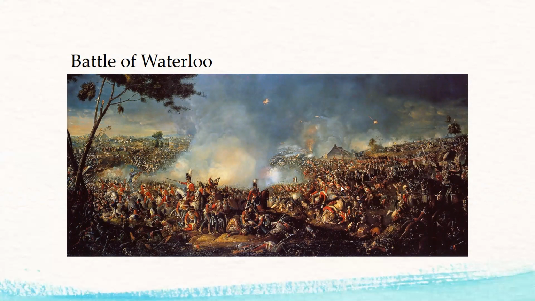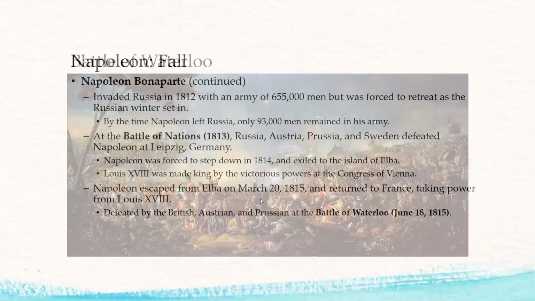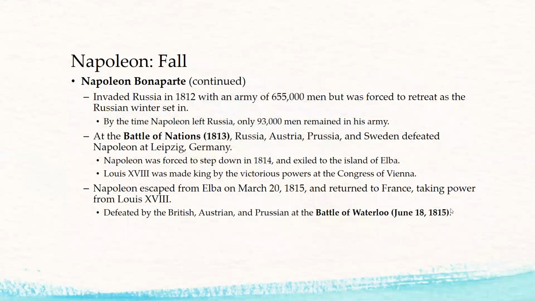The reason they weren't fighting Napoleon before this, they were just funding people fighting him. The British had most of their soldiers in Spain. So the British army at Waterloo was the smallest of the armies compared to the Austrians and Prussians, but they still contributed, and that British general, the Duke of Wellington, Arthur Wellington, was the leader of the combined forces.